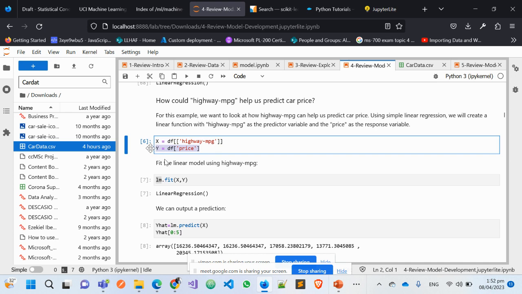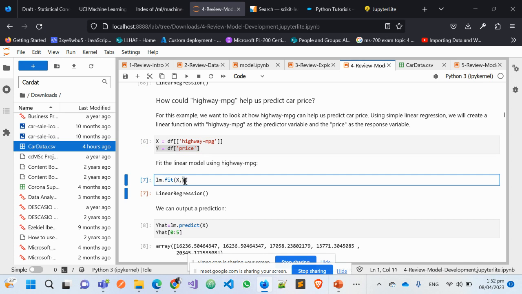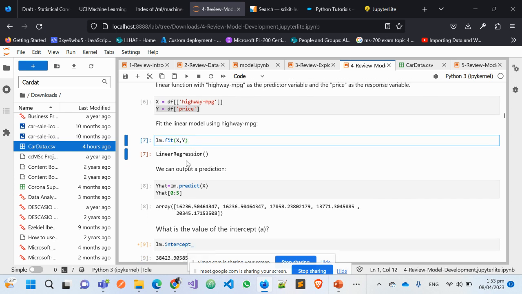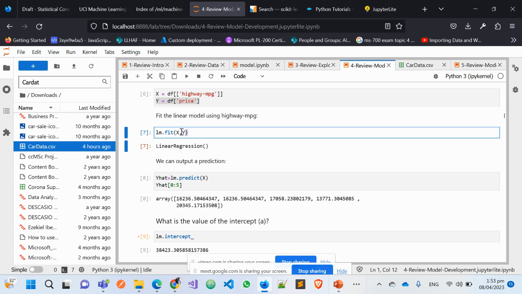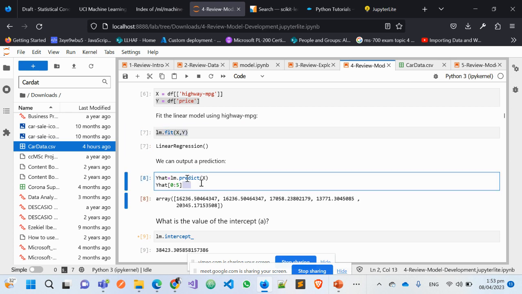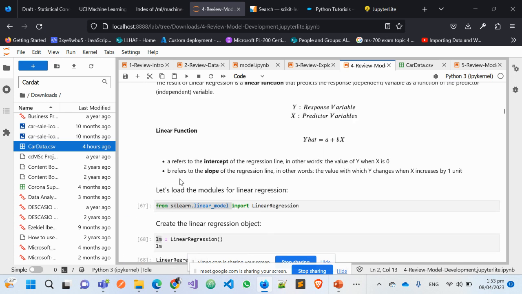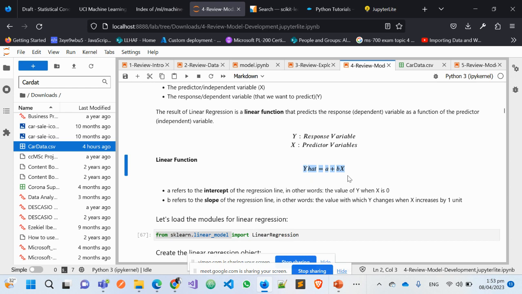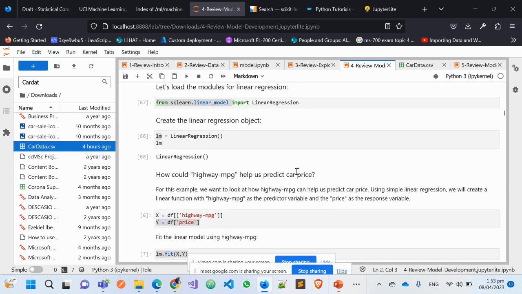So we are going to now fit highway miles per gallon on price to see how the outcome is. By that, after we fit highway miles per gallon, we apply our prediction to it, which is the linear function here. This is for our prediction after we've done our fitting.